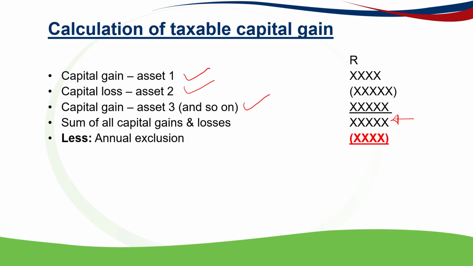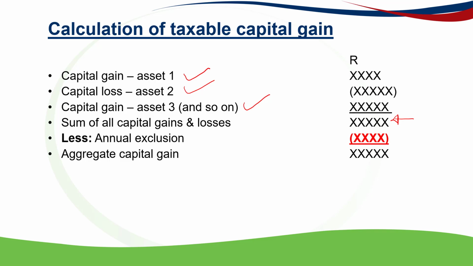The reduction of the sum of capital gains and losses with the annual exclusion will result in an aggregate capital gain. I will continuously remind you to take note of the terminology used throughout the video. So I will repeat.